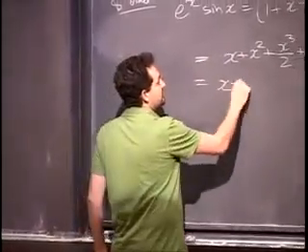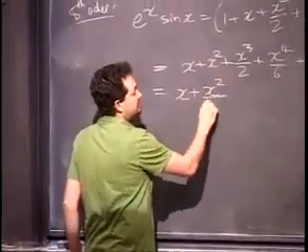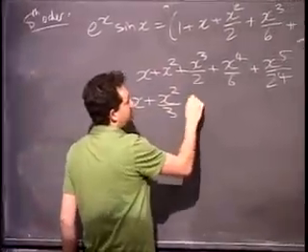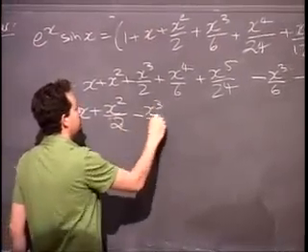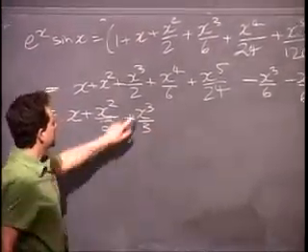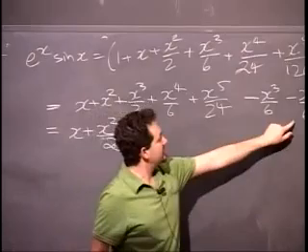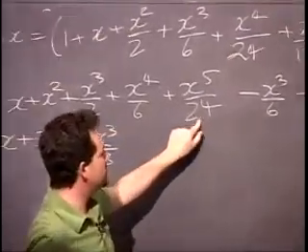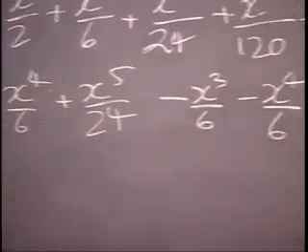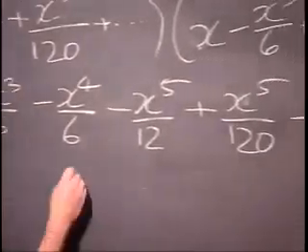Well, we still have x squared over 3, x squared over 2, x cubed over 3. The x to the 4th terms cancel out, but now the x to the 5th terms do not cancel out. We have 1/24 plus 1 over 120 minus 1/12, x to the 5th.